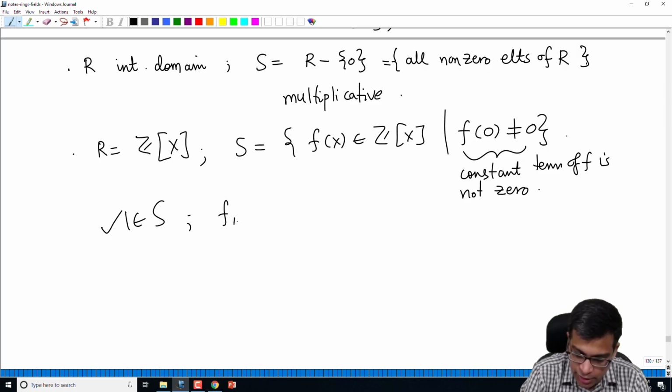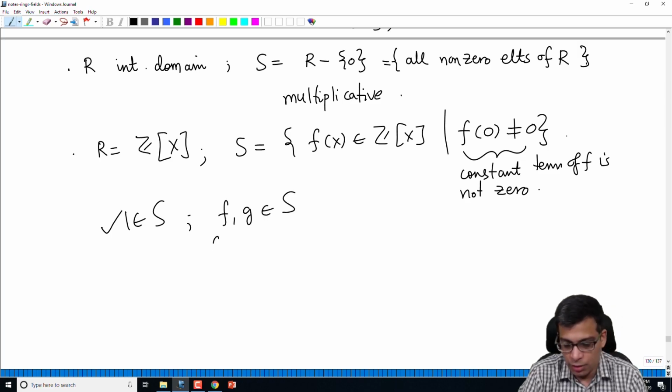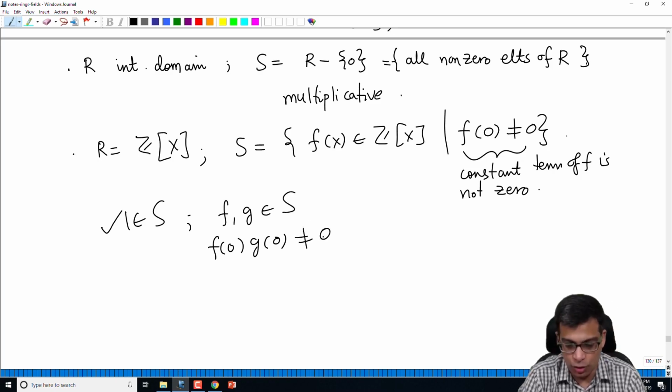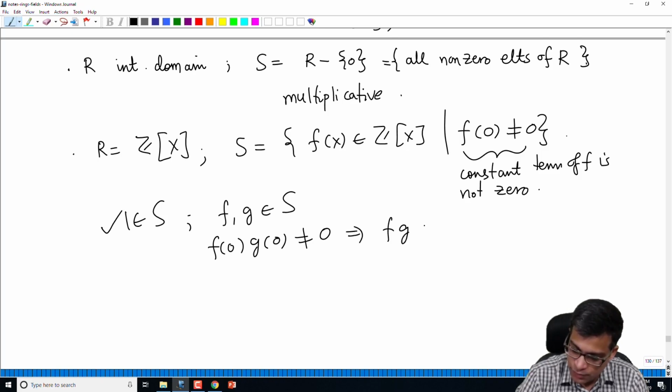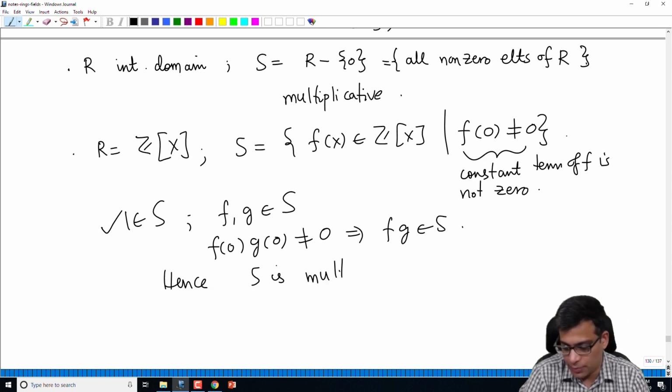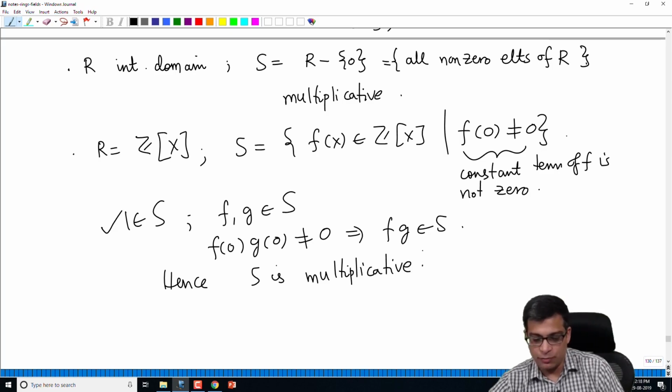If f and g are in S, then f(0) times g(0) is non-zero, because f(0) is a non-zero integer and g(0) is a non-zero integer. That means the constant terms of f and g are non-zero integers, their product is non-zero, so fg is in S. Hence S is multiplicative. So this is another example of a multiplicative set.